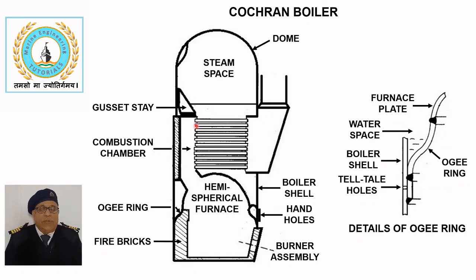The top of the combustion chamber is supported by a gusset stay attached to the boiler shell. A large number of smoke tubes are attached to the tube plates, providing the required heating surface area for steam generation.